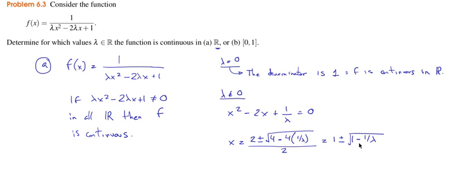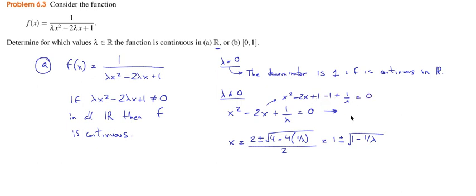Now, interestingly, we can actually rewrite this. You can see this is x squared minus 2x plus 1, and then we have minus 1 plus 1 over lambda. We assumed plus 1 and minus 1, but this is a perfect square.